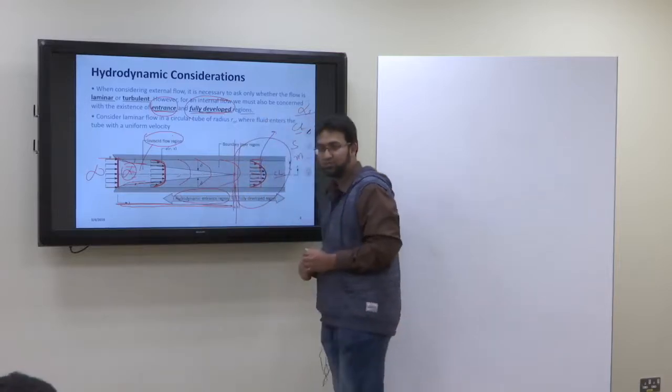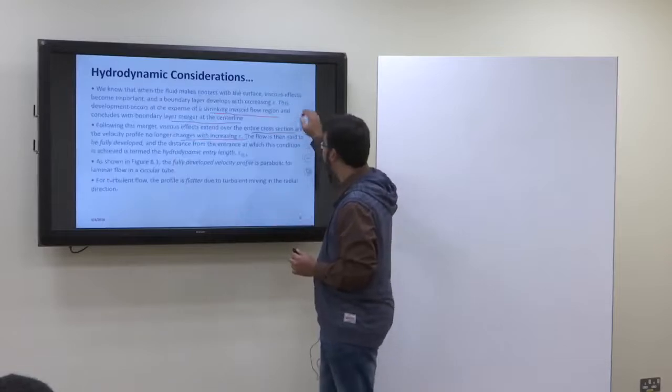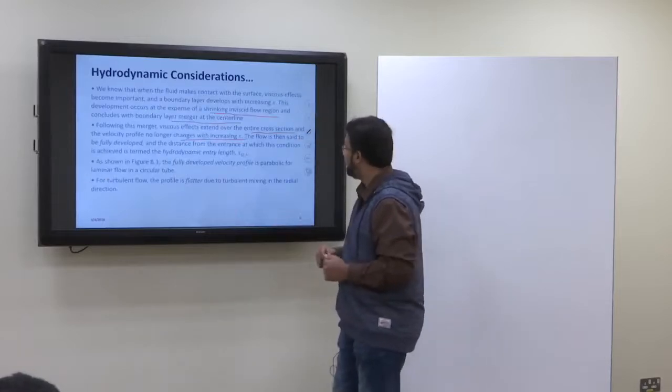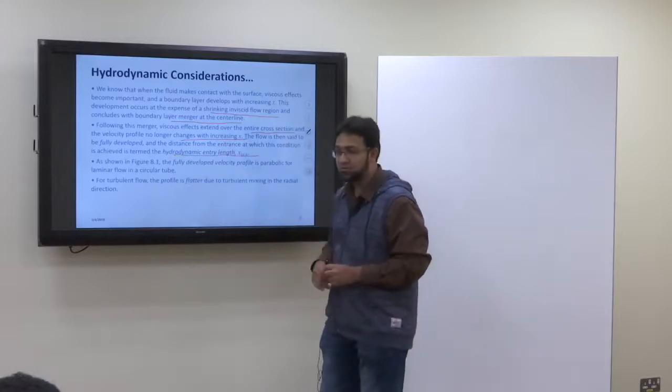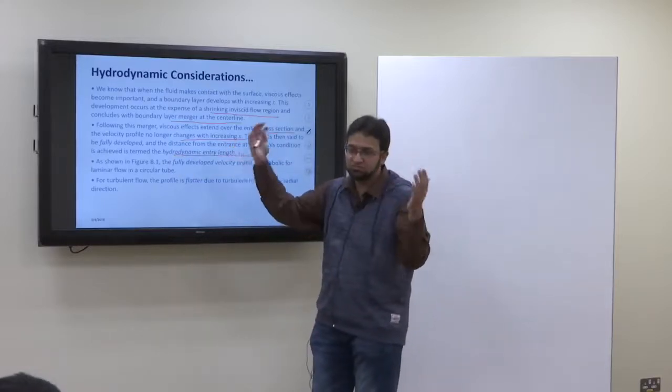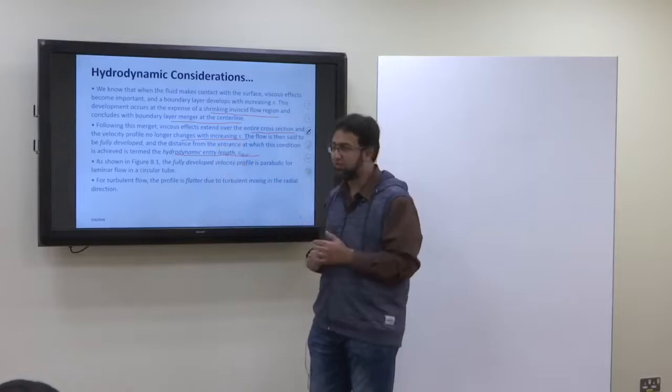So it's fully developed. The flow is then said to be fully developed, and the distance from the entrance at which this condition is achieved is termed the hydrodynamic entry length. So the length of the entrance region is the hydrodynamic entry length.